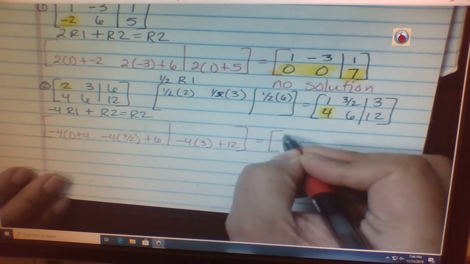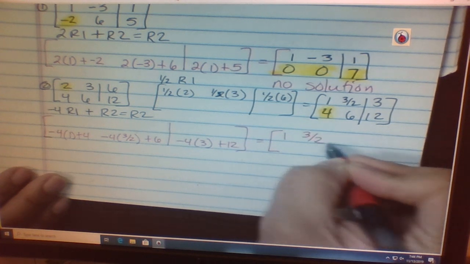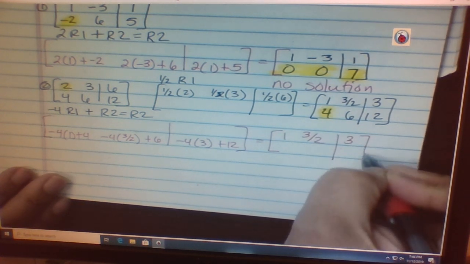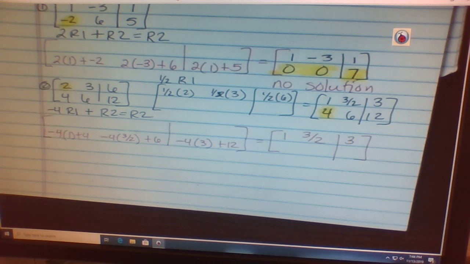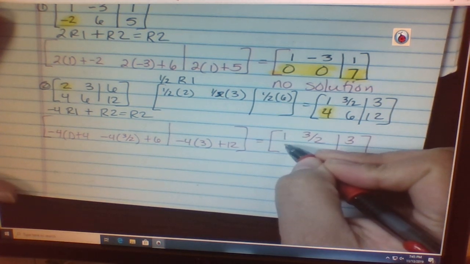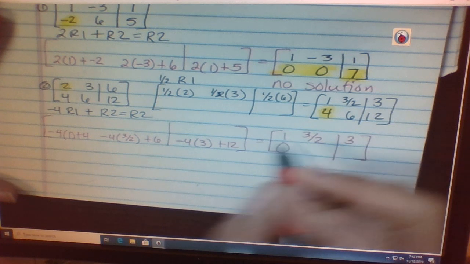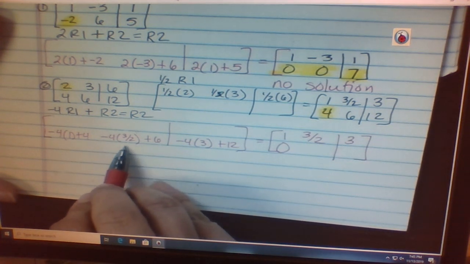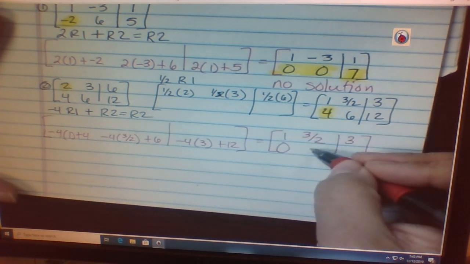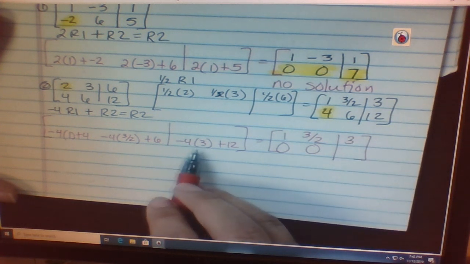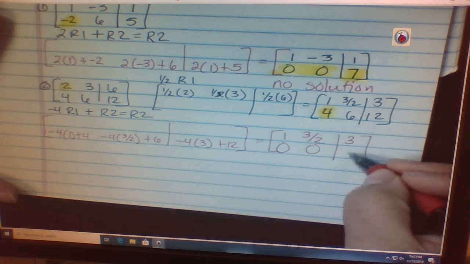I didn't do anything to the top, so it stays. But in the bottom, -4 times 1 plus 4 is 0. -4 times 3/2 plus 6. 0. -4 times 3 plus 12. 0.